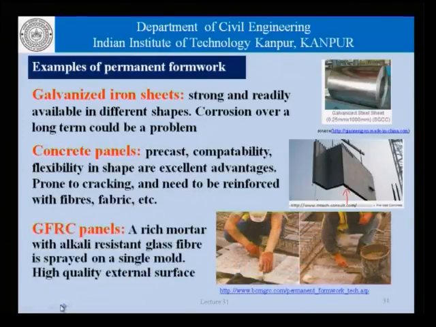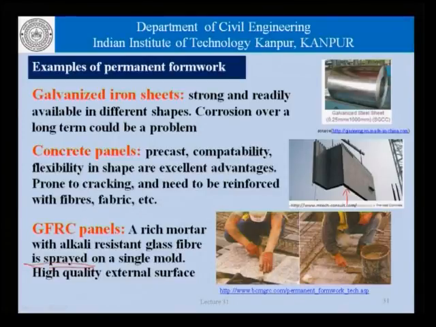And we have glass fiber reinforced concrete panels, in which case we have a rich mortar with alkali resistant glass fibers sprayed into a single mold, and this spraying business reminds us of shotcrete and fiber reinforced shotcrete that we have done earlier.